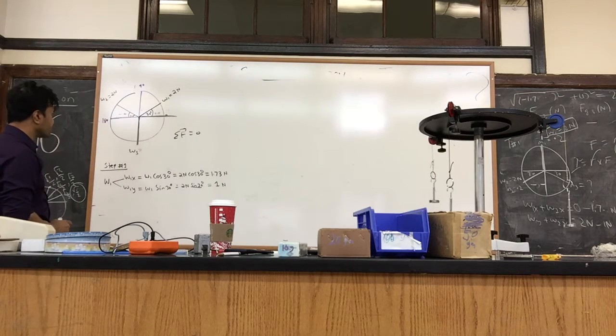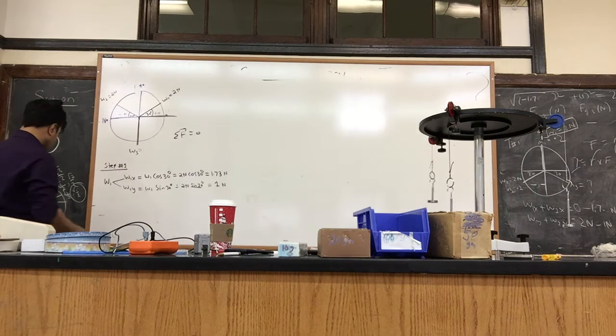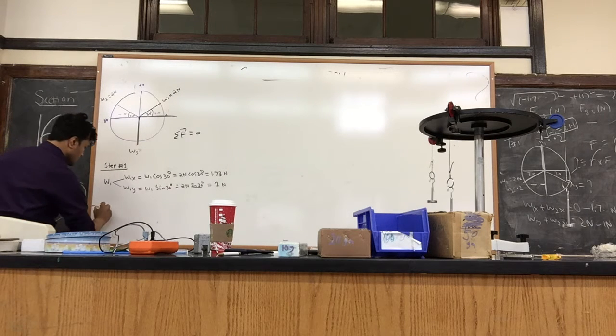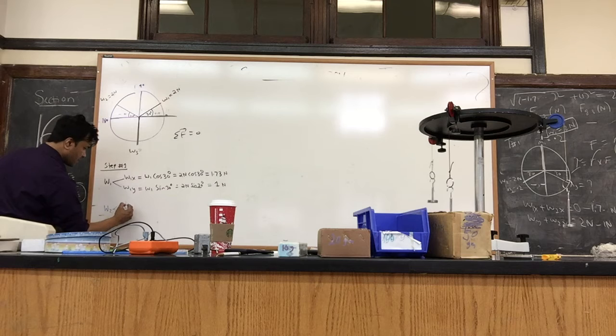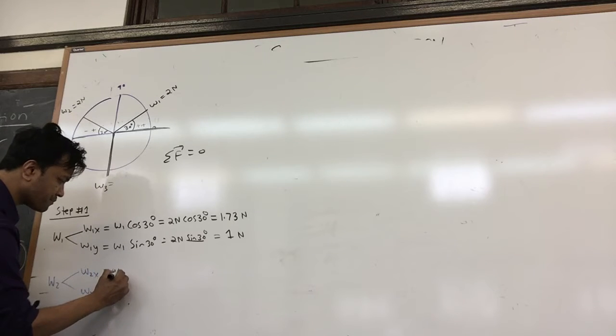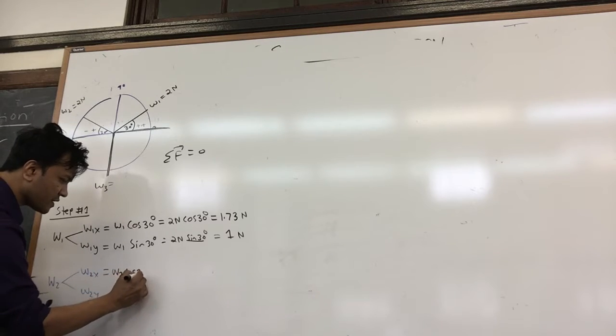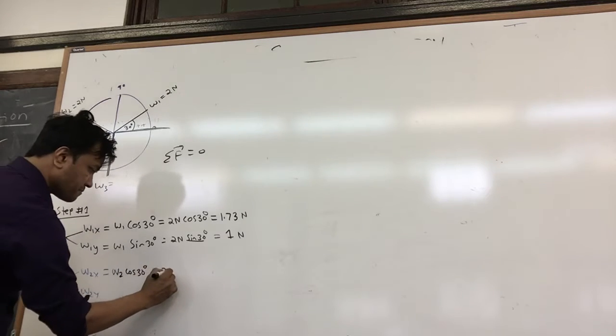Now we're going to do string number 2. So W2 also has two components, W2x and W2y. W2x is W2 cosine 30 degree. W2 is also 2 Newton.